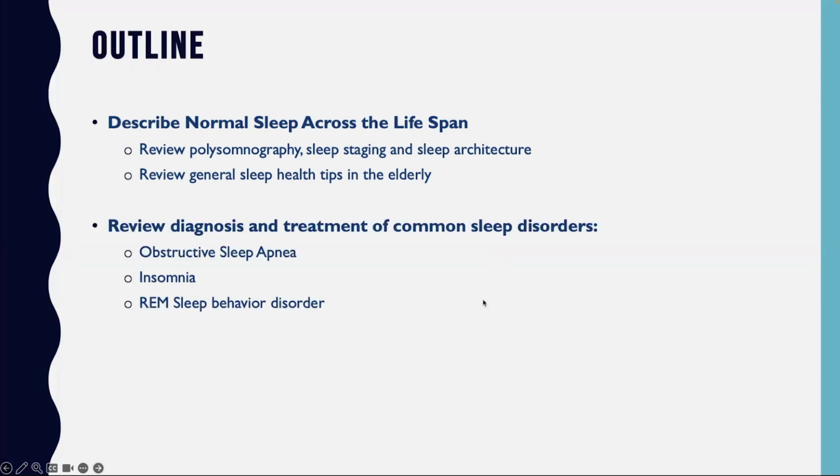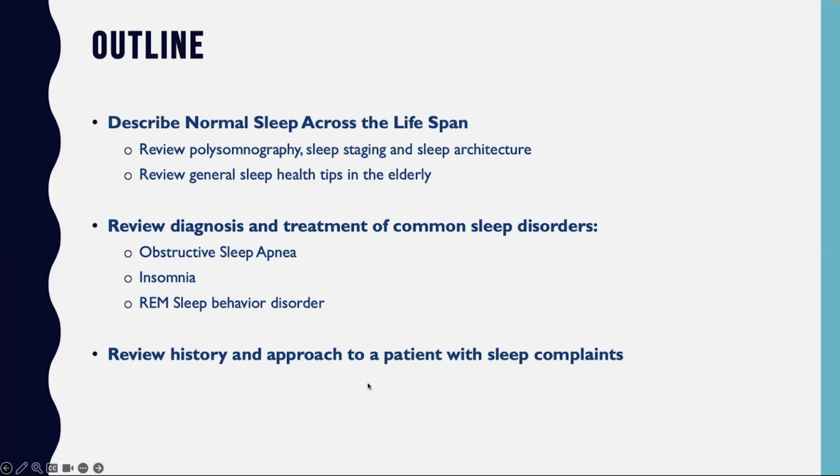Next, we're going to go into some common diagnoses and treatment of those diagnoses that you'll encounter in the elderly population. This will be particularly focused on obstructive sleep apnea and insomnia, and at the end we'll briefly touch on REM sleep behavior disorder. Then in the end, we're going to summarize some of the take-home points and review the history and approach to a patient with sleep complaints in your population.